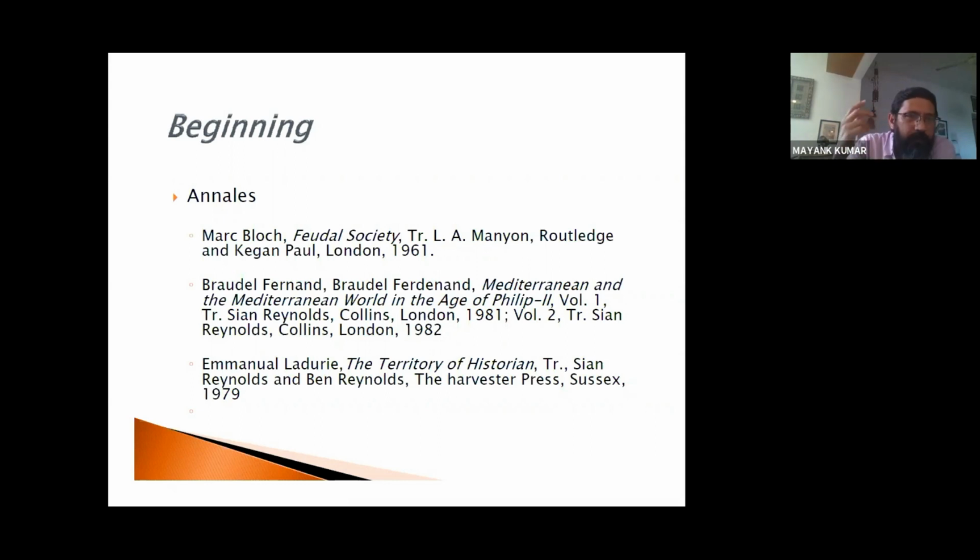Emmanuel Ladurie, in one of his essays, writes that when dendrochronology started working, the tree rings were being studied, means the old trees which were 350, 500 years old, when they were cut and the tree rings were being studied. The problem with the scientists was how to exactly figure out which ring belongs to which year.